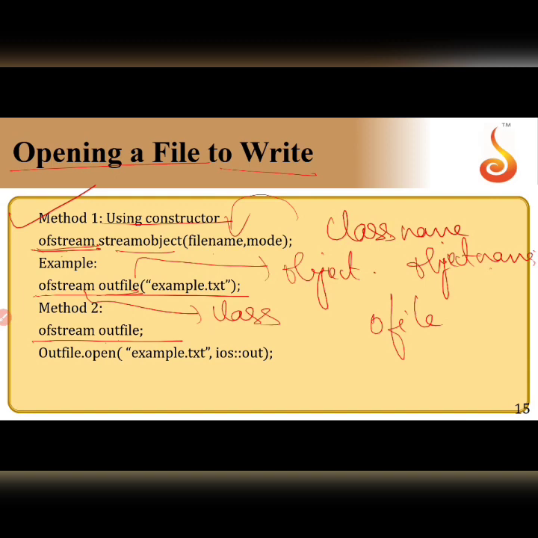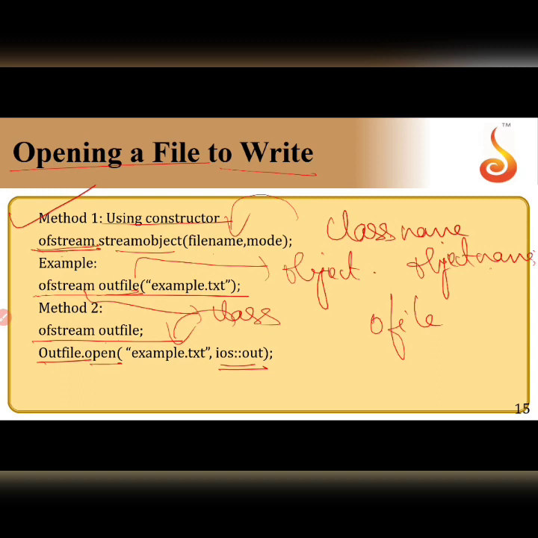Same way I am creating here ofstream space outfile. Then outfile is the object dot the function. Object dot open is a method to which I am passing the file name in double quotes which I want to open, comma the mode. This is out mode. The writing to is out, reading from is in.